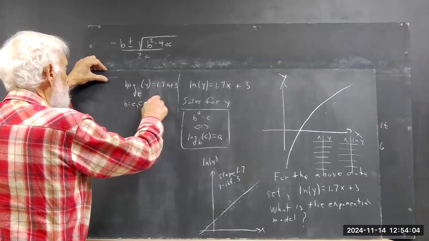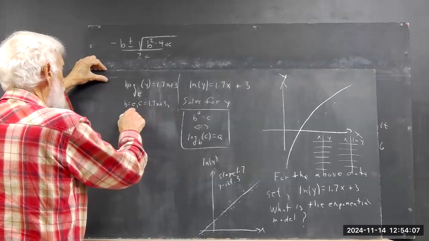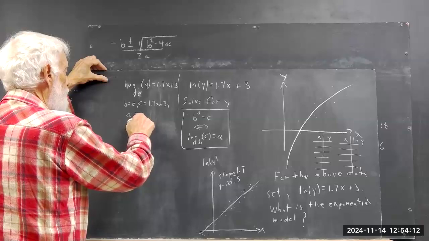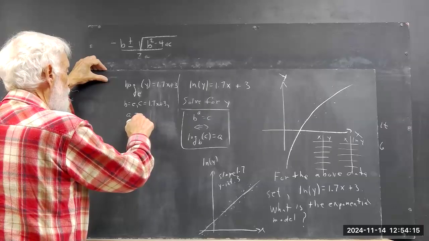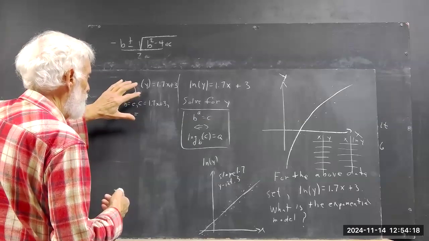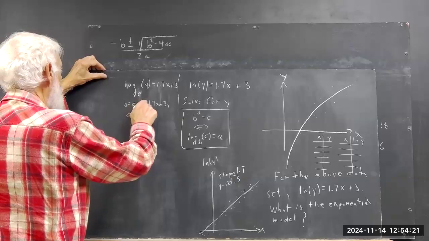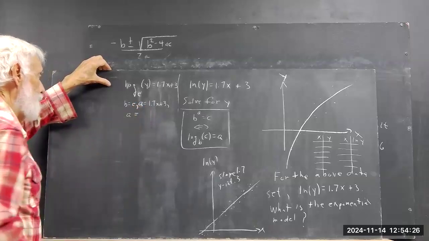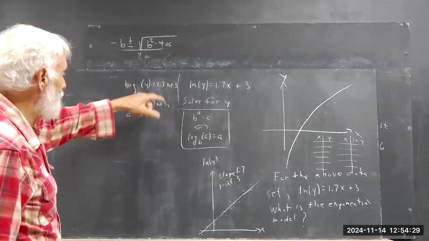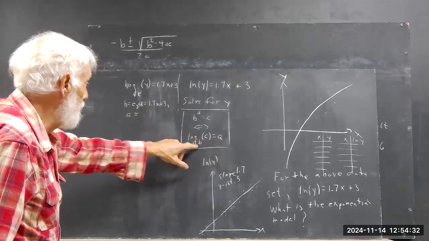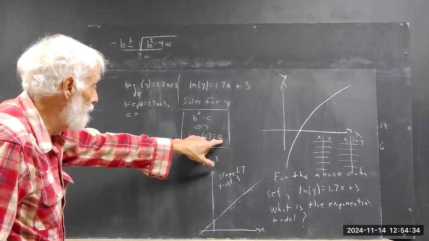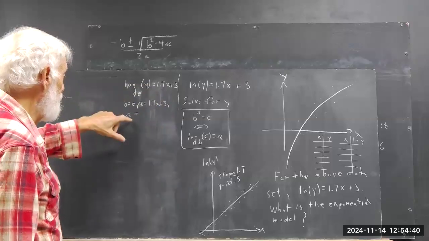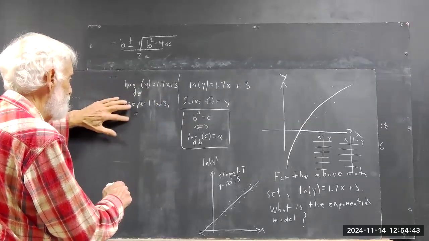C equals y. And A is 1.7x plus 3, because it's log base e of y equals this.